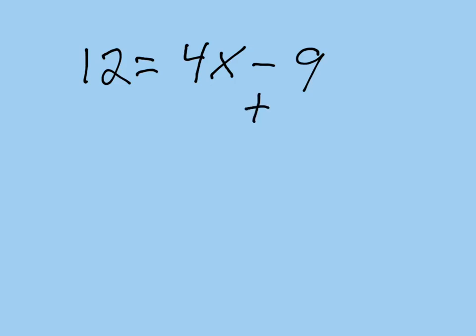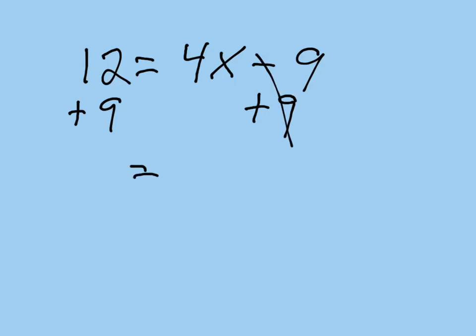What about if 12 equals 4x minus 9? Well, then we just look at this. Our variable is being multiplied by 4, and we're subtracting 9 from our variable. Following SADMEG tells us we need to undo the minus 9, and the inverse of subtracting 9 is adding 9. So I'm going to add 9 here. This goes poof.